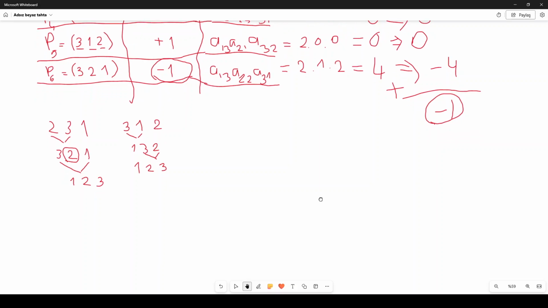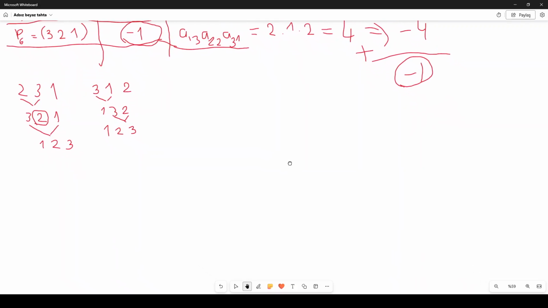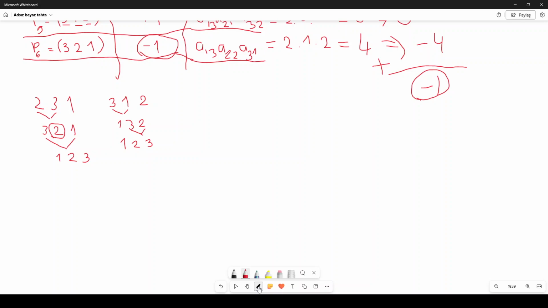Okay, and before completing this lecture, as the size increases, you notice that the number of permutations and the number of multiplications will also increase.